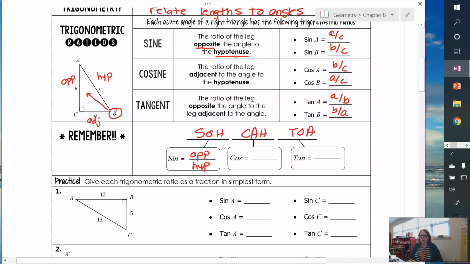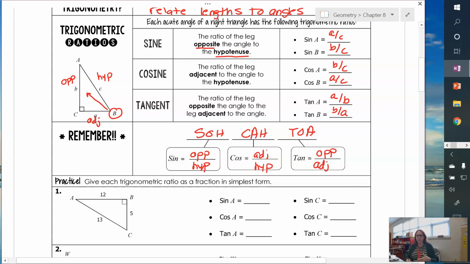CAH, C is cosine, A is adjacent, H is hypotenuse. So cosine is adjacent over hypotenuse. TOA, T is tangent, O is opposite, and then A is adjacent, so you're going to do opposite over adjacent.